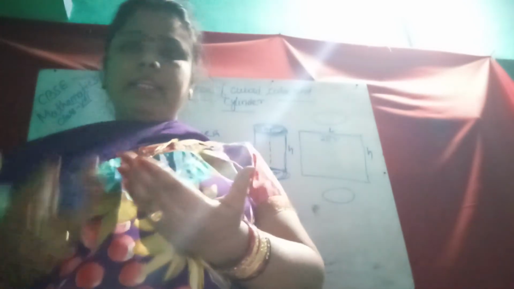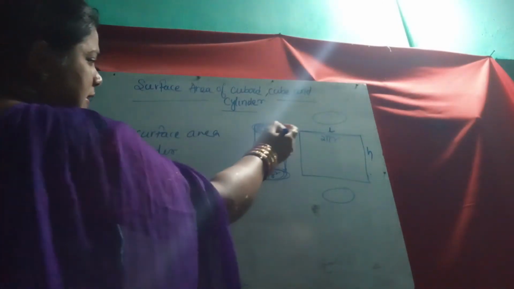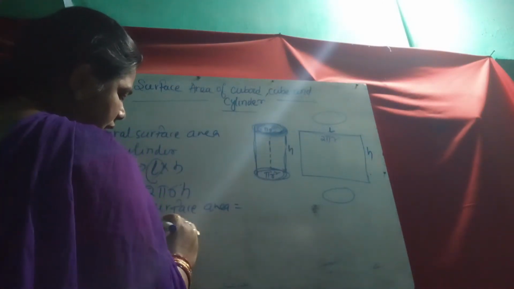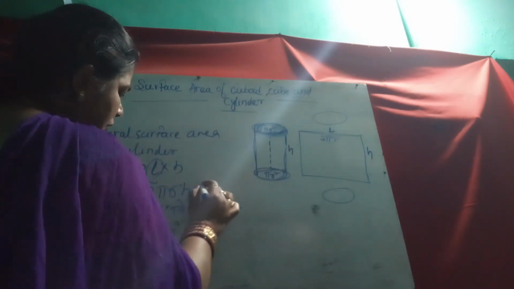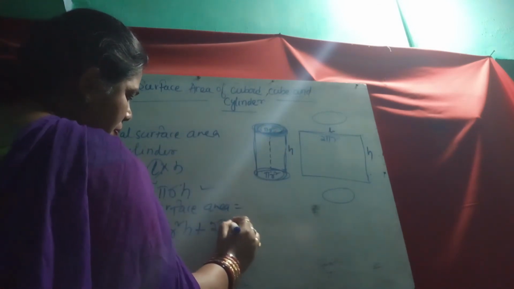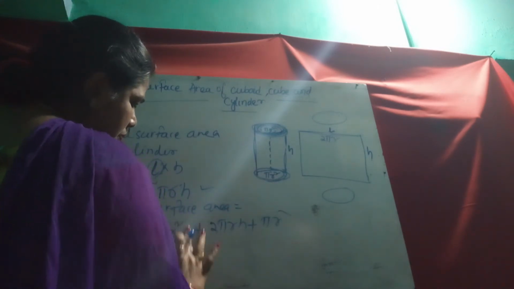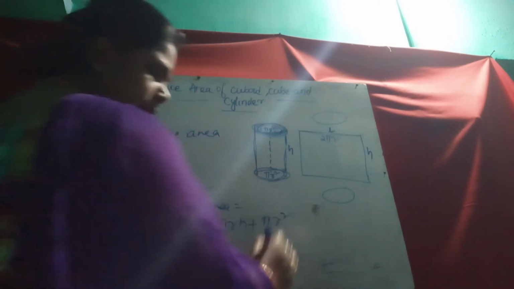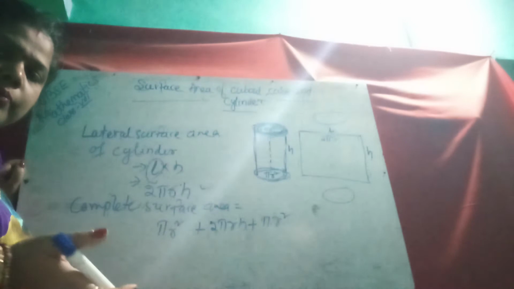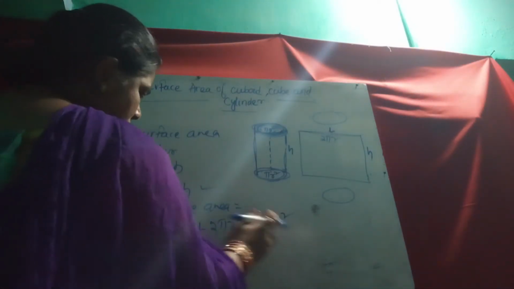So we add the lateral surface area plus top area, then bottom area: pi r square, 2 pi r h, pi r square.